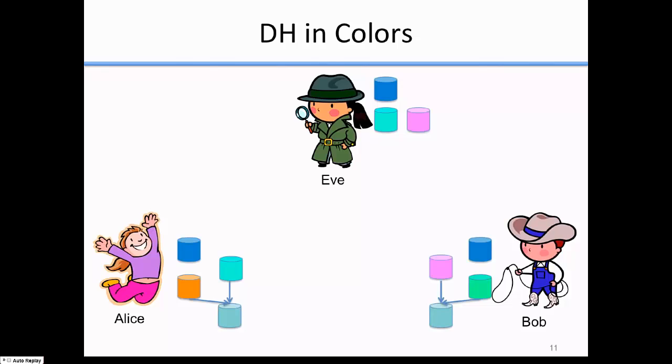So let's pause for a moment. Why does he get the same color? Let's look at what created these colors. In Bob's case, this grayish color was created when he mixed his secret color with Alice's mixed color. What produced Alice's mixed color? Blue and her secret orange. So this is actually a mix of blue, orange, and green.